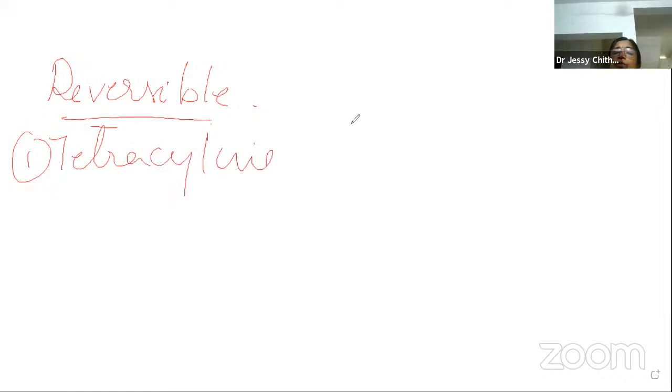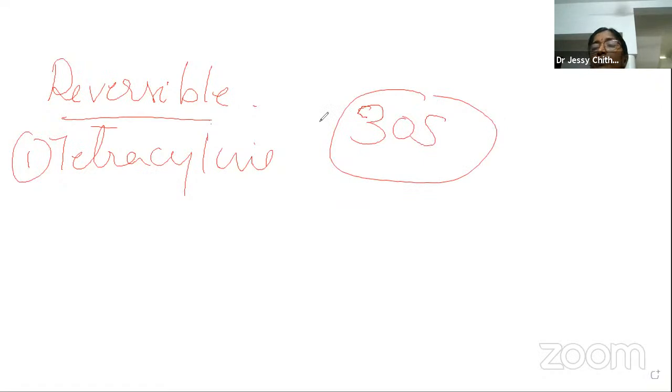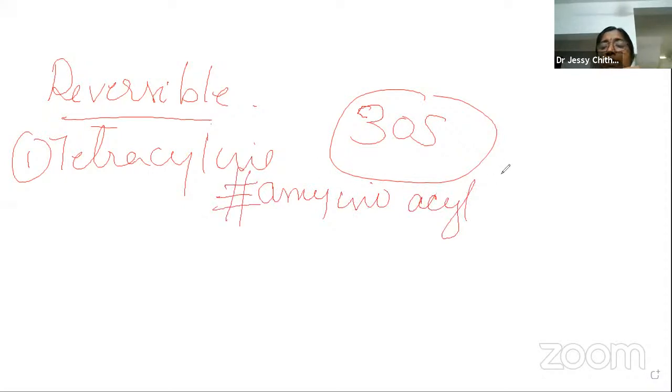Tetracycline will bind to the 30S ribosomes and inhibit the binding of aminoacyl tRNA to the A site.